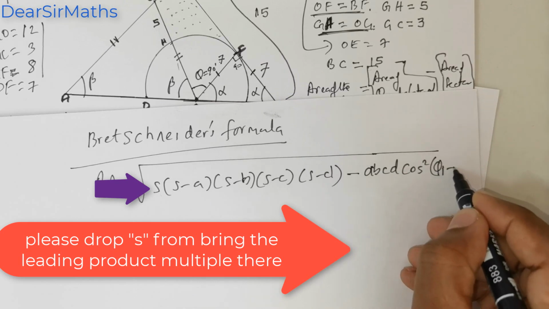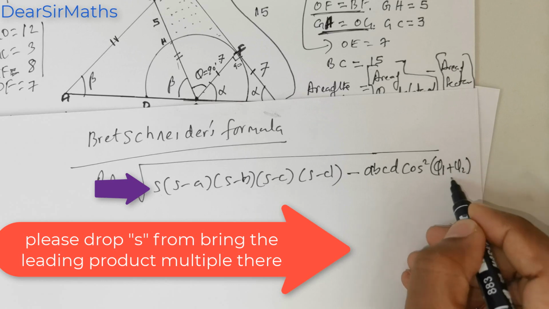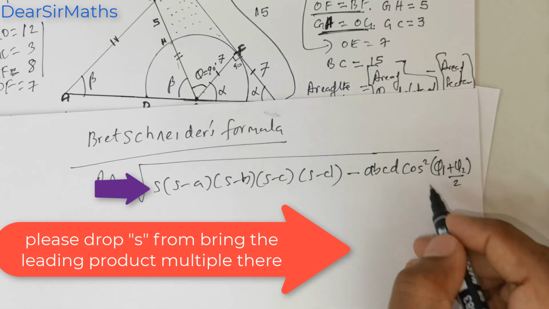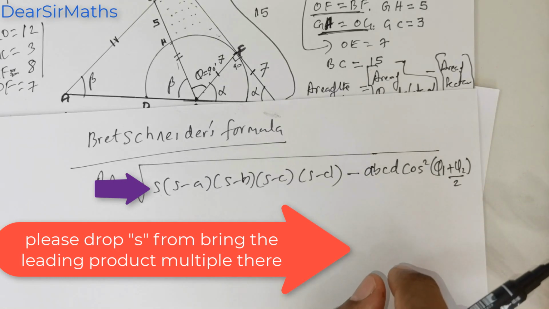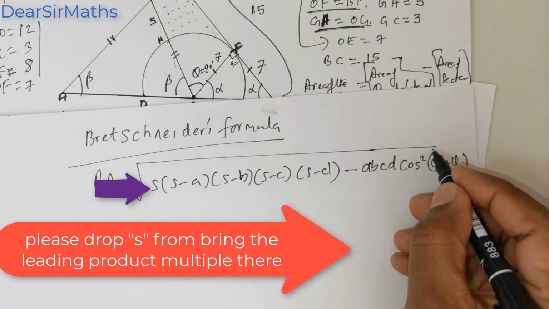You can take it as theta 1 plus theta 2 divided by 2. Right? This is the formula.